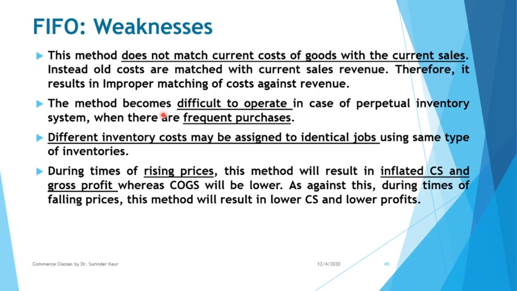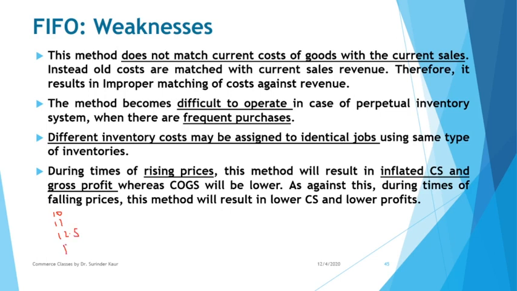Now, during times of rising prices, the system will result in inflated closing stock and gross profit. I hope you understand this. Suppose your initial stock was at 10, then you purchased another lot at 11, then another lot at 12.5, because this is what a rising prices trend implies.